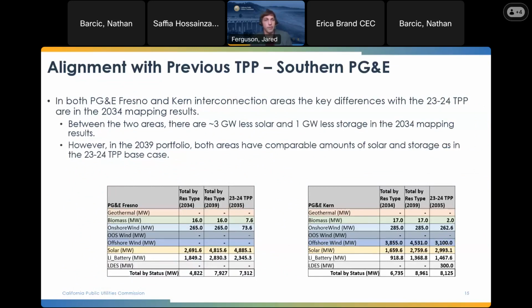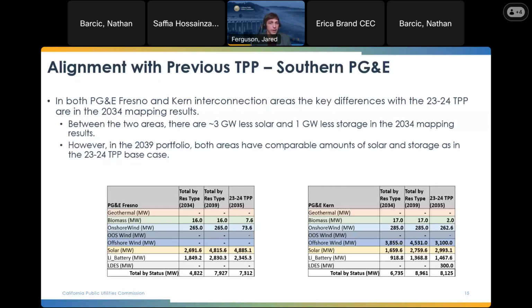In the Central Valley area, the PG&E and Kern interconnection zones, you see a similar thing in 2034, where you have significantly less solar and storage in both areas in the 2034 mapping. However, by the 2039 mapping, the amount of solar and storage in both areas is roughly the same.